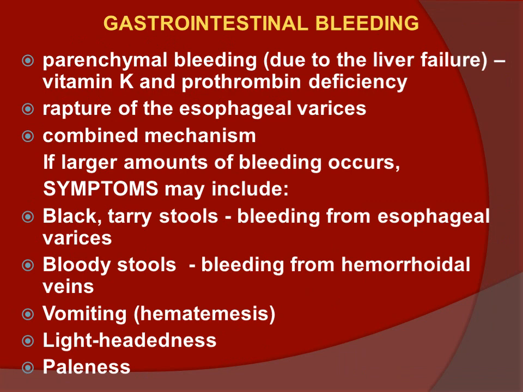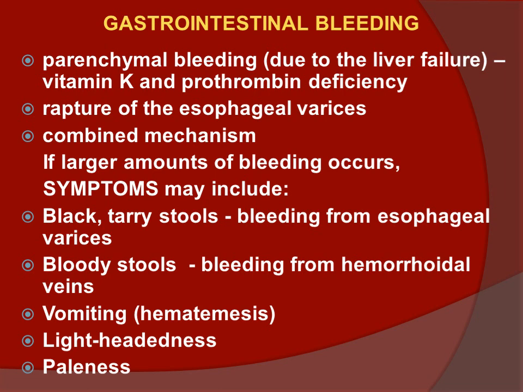Gastrointestinal bleeding is one of the dangerous symptoms of hepatobiliary system disease, and mostly the causes are parenchymal bleeding due to liver failure, vitamin K and prothrombin deficiency, rupture of the esophageal varices, which is related to portal hypertension, the serious complication of patients with liver cirrhosis, and combined mechanism.